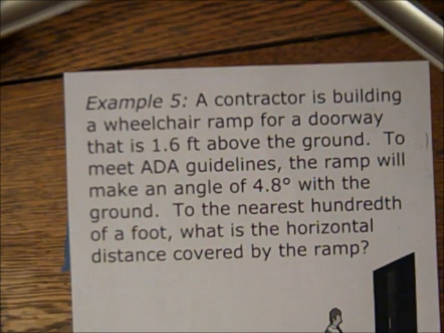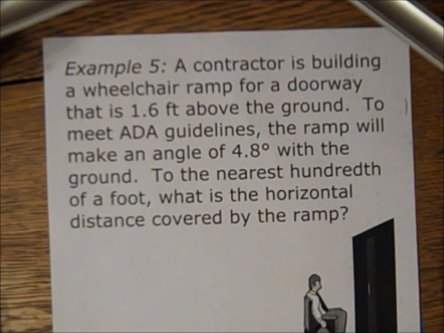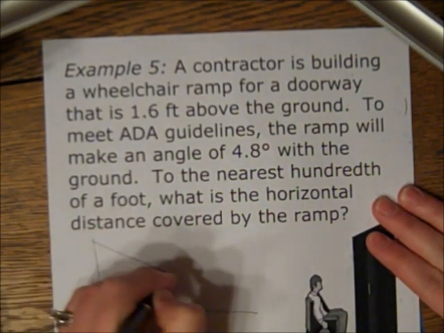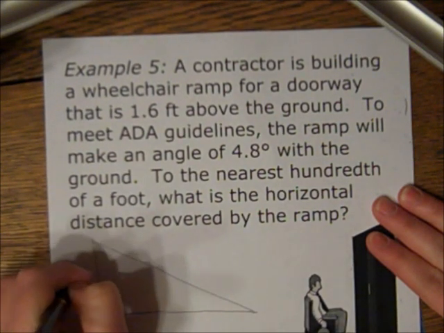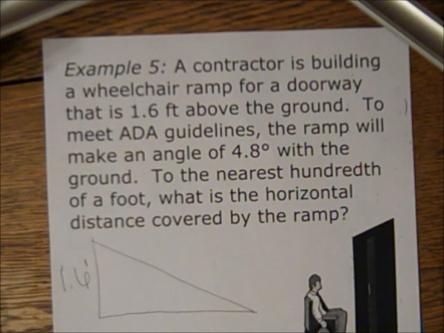Okay, so a word problem, the only difference is we're going to need to draw our picture as we go. So the contractor is building a wheelchair ramp for a doorway that is 1.6 feet above the ground. So this is going to be 1.6 feet. To meet with ADA guidelines, the ramp will make an angle of 4.8 degrees with the ground.